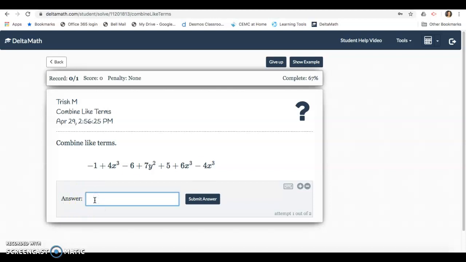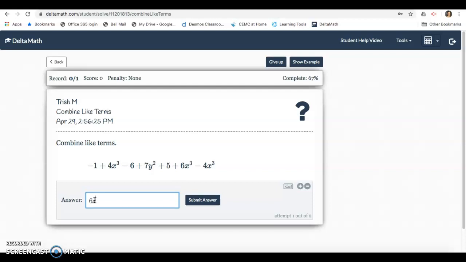To type that in, I'm going to press 6x, and there's a shortcut for exponents. You press Shift 6, and it'll move the cursor up, and I can put 3, okay? Then press the arrow button in order to move the cursor back down to type in the rest of the answer. So I think there is a 7y squared here.